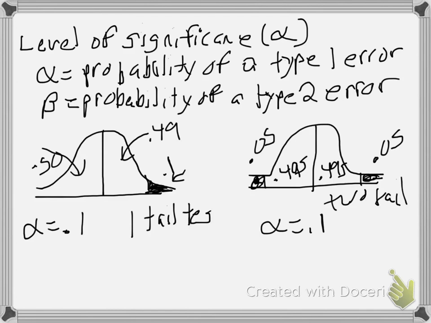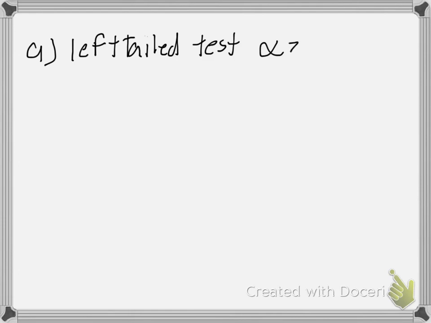Let's do a couple of examples of finding our critical values, and then that'll be it for today. Okay, so let's say that we have three different things. We're going to do three different things. We have a left tail test, alpha equals 0.1.